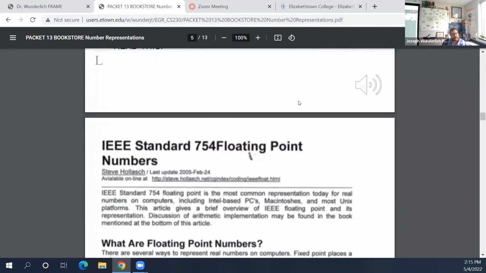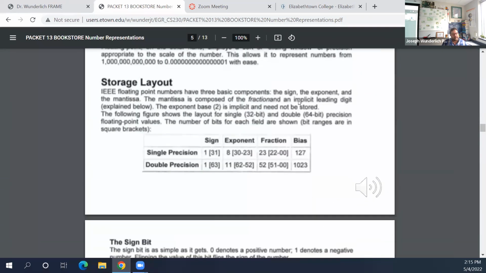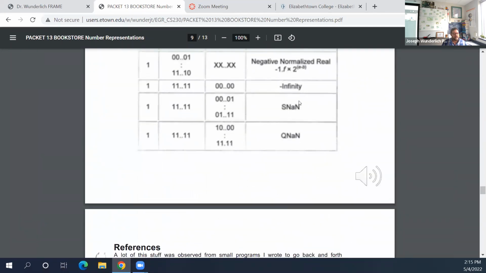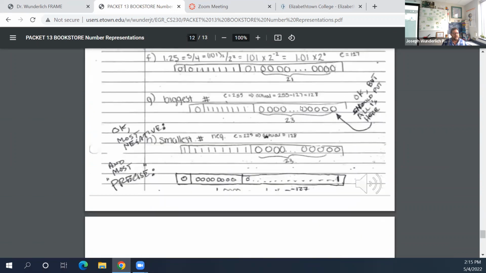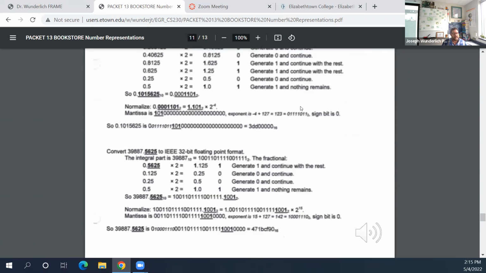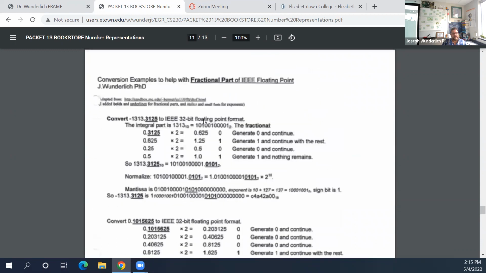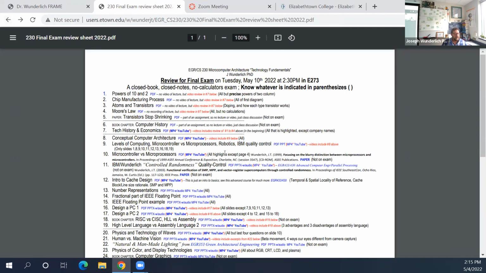Now, I promise that I'm not going to put a very difficult problem on here. So I'm not going to make you memorize all of this stuff. I just want you to get the concept down of the format for both single and double precision binary floating point, and then the fractional part works a little bit differently. I can promise you, you have a video telling you I'm not going to make it hard at all.